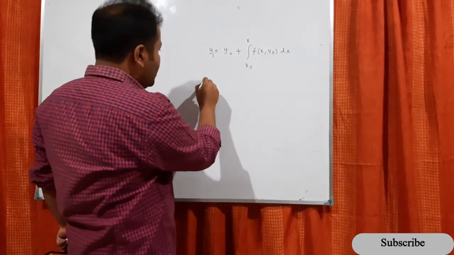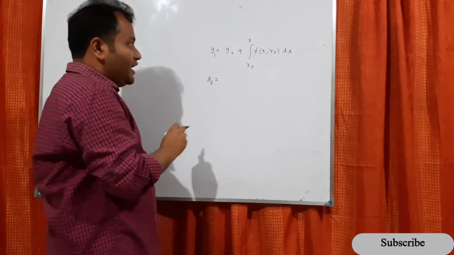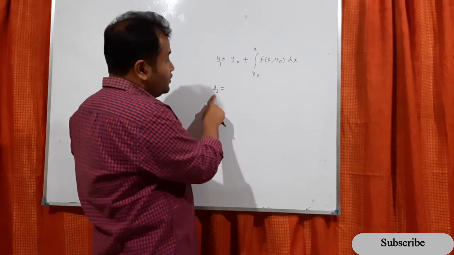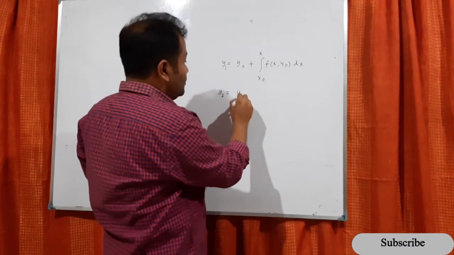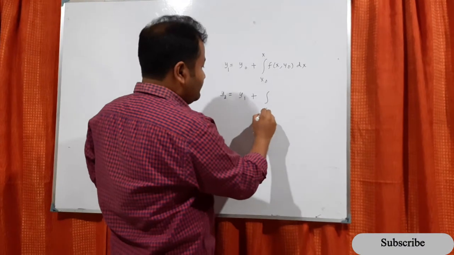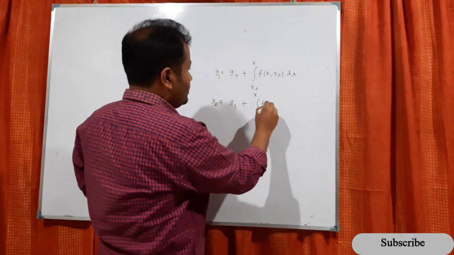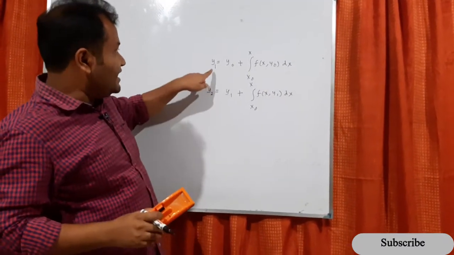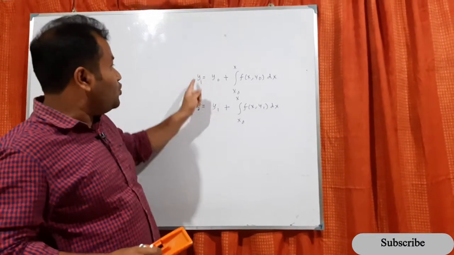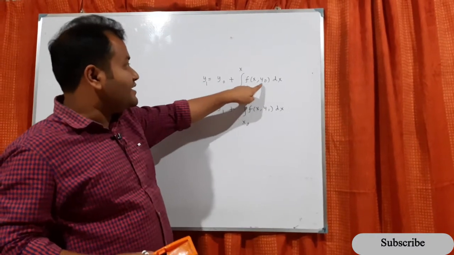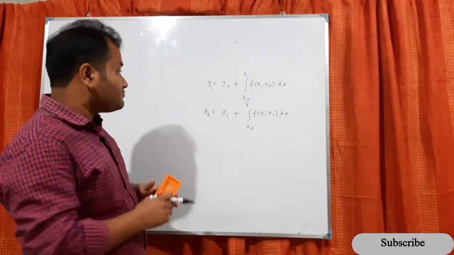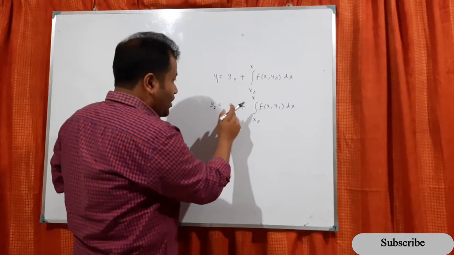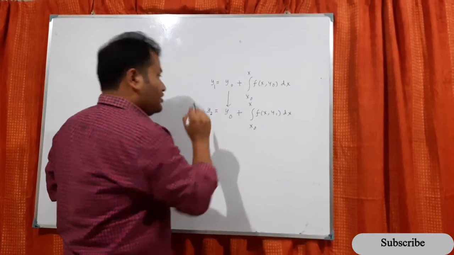Now what about the formula for y2? There is one mistake people make. When I want to find y2, many people write y1 plus the same formula. Here it was 1, so it is 1 less, so x0, y0 dx. But when I write 2, it should not be y1, it should always be y0.